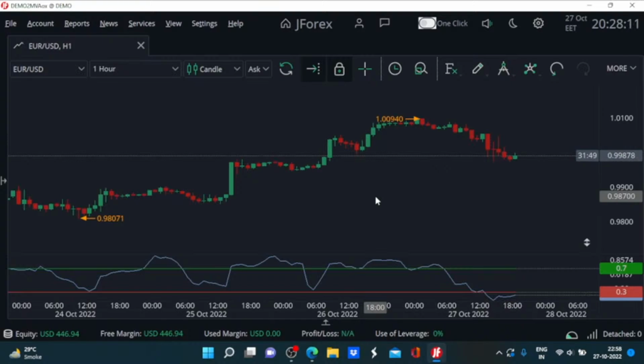So we have to take all those factors into account, and then take the trade, so that we have a higher probability of having the trade on a profitable side.